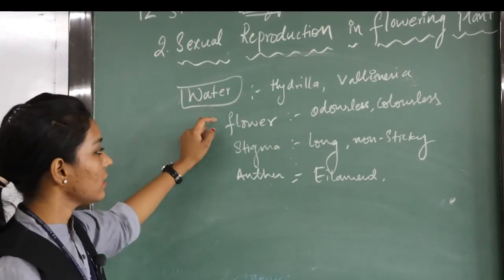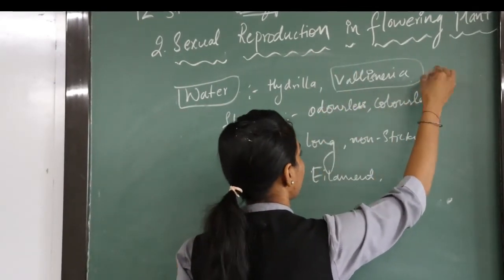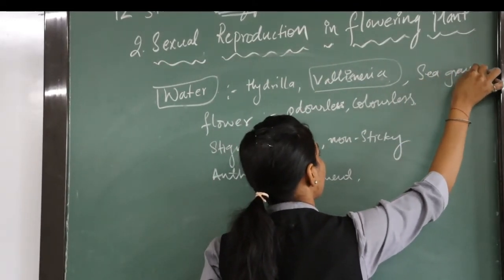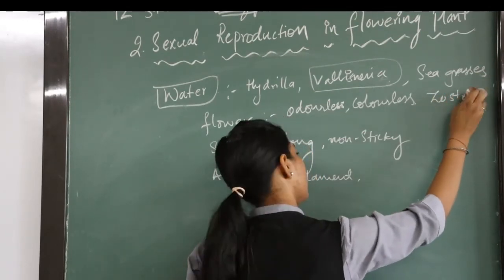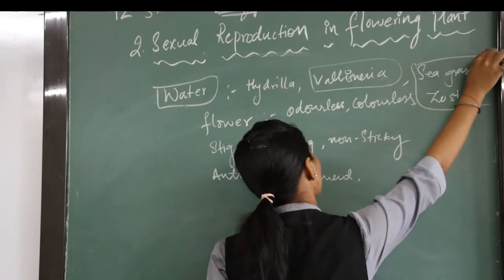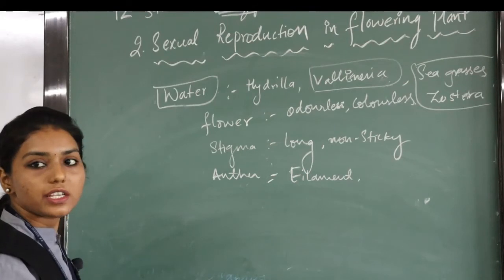In this, one more example included is sea grasses, for example Zostera. This is one more example of water as a pollinating agent.